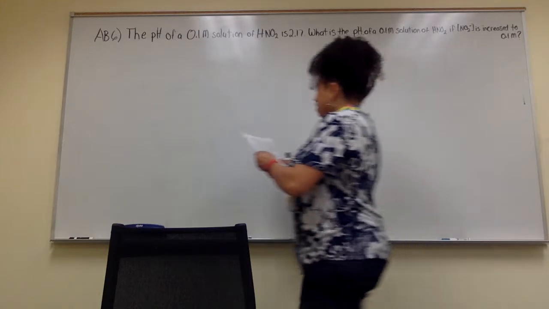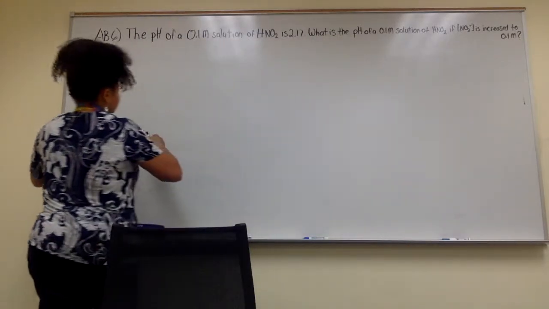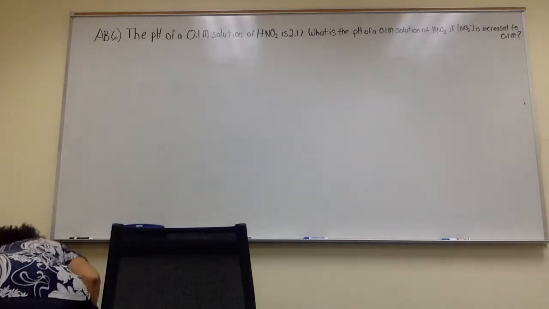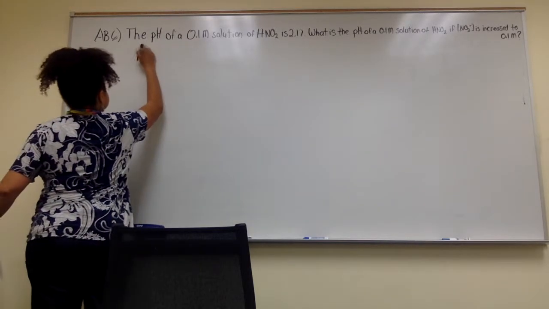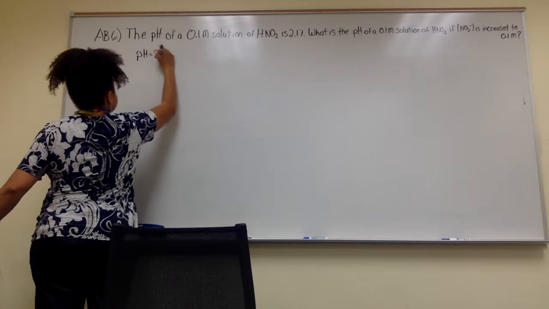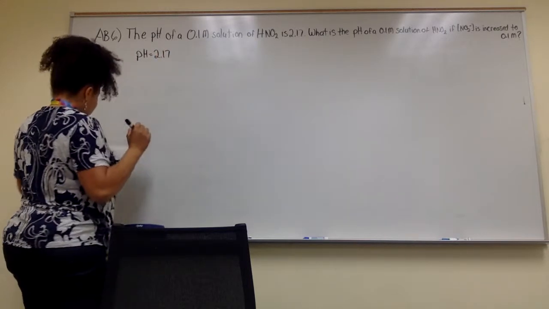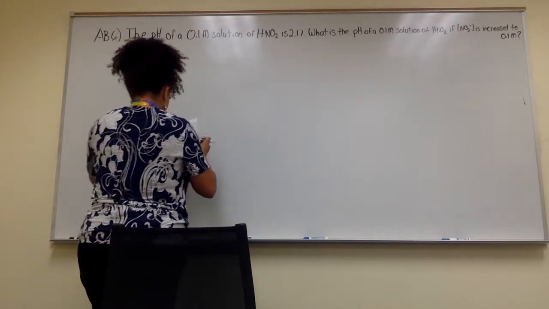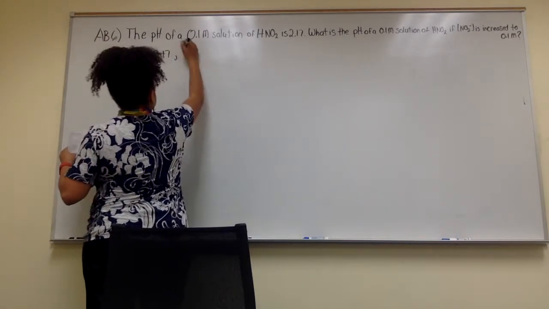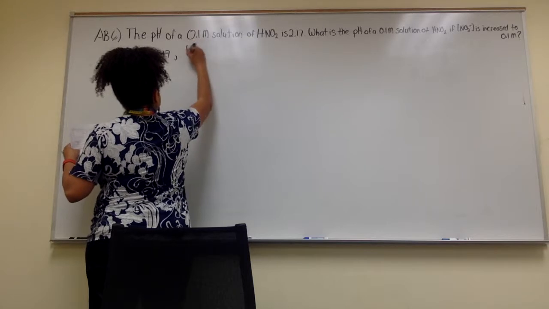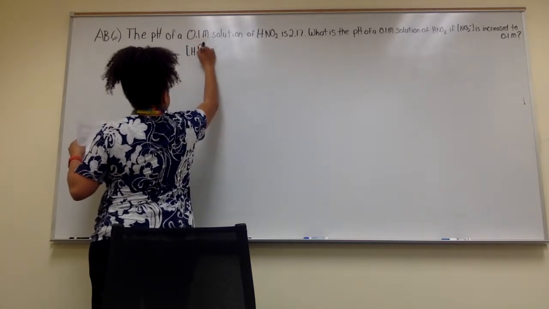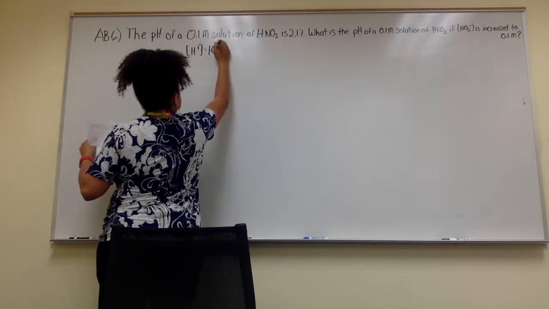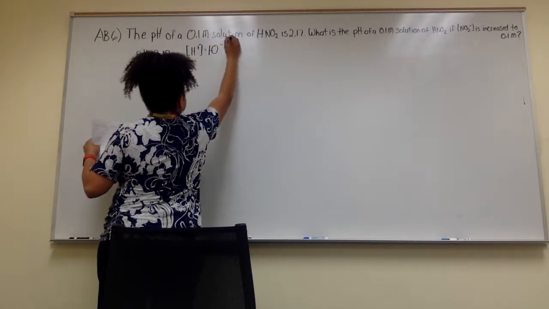Okay, so if the pH is equal to 2.17, we know something about the concentration of H+. Then we remember that H+ can be calculated as 10 to the negative pH.